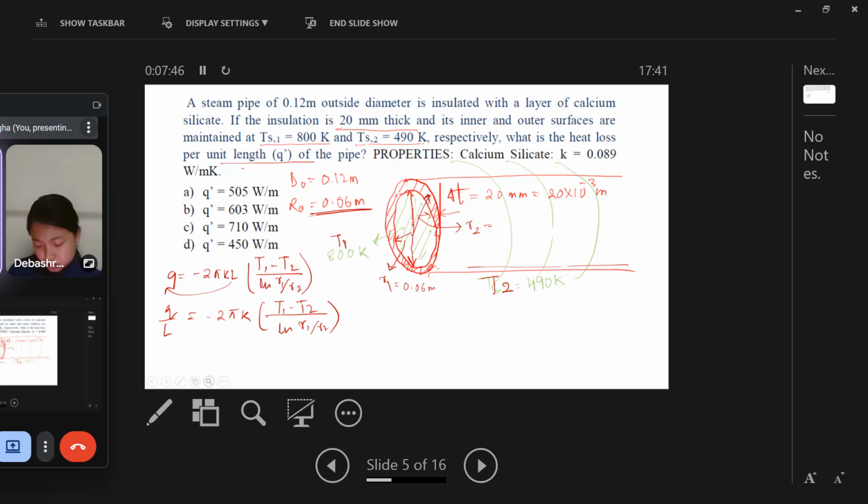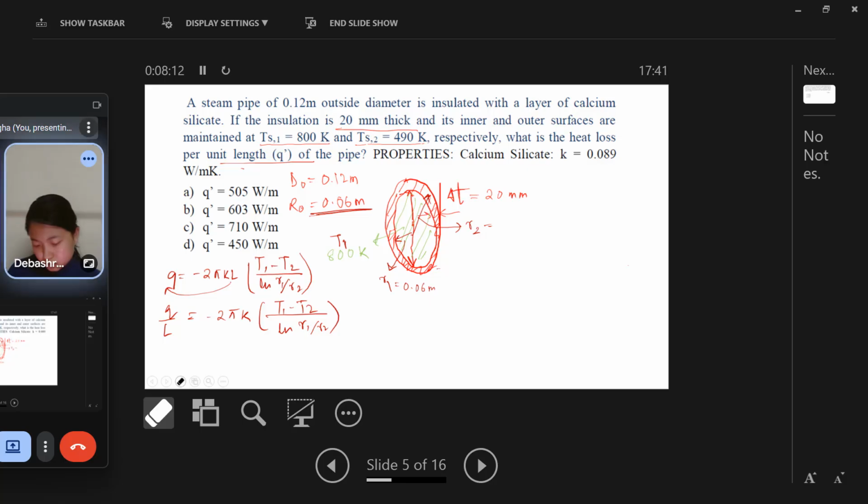Yes, yes. 10 mm. I'm asking about the radius, the radius of the outer circle, this bigger circle.